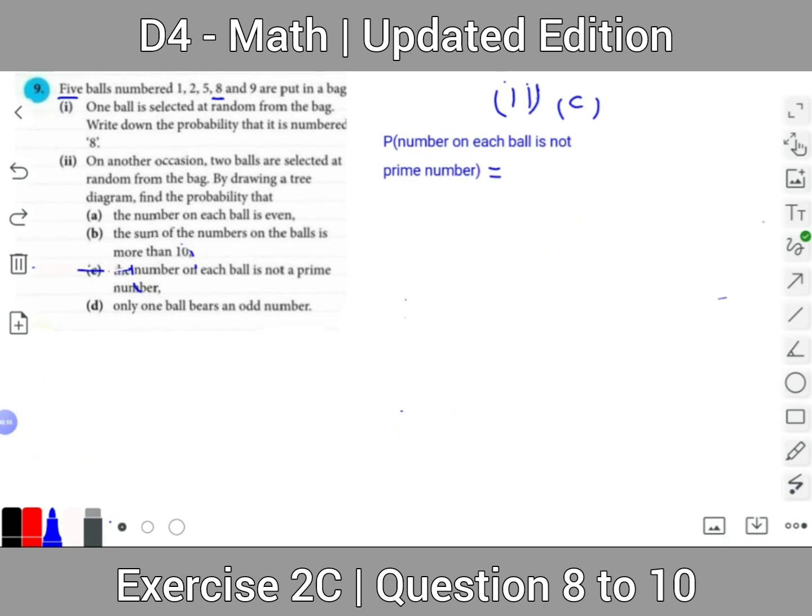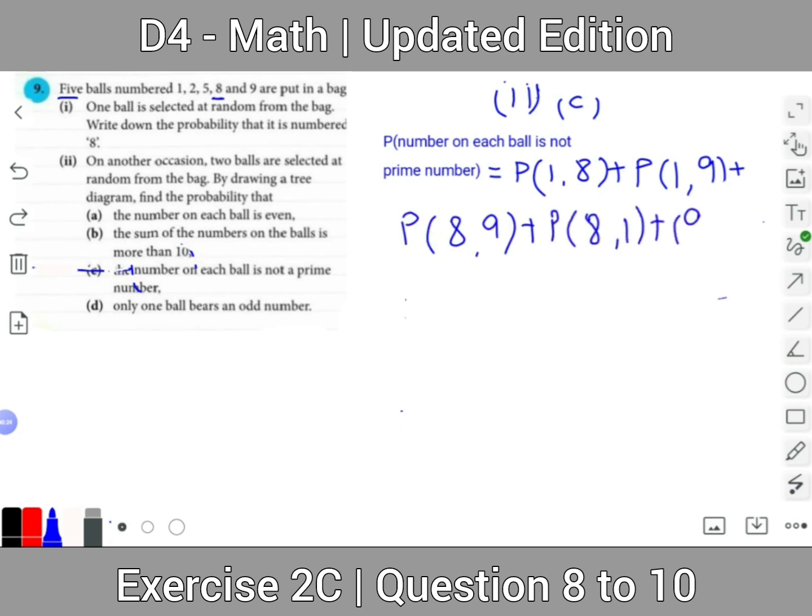So for this we have the probabilities of the ordered pair 1 and 8, both not prime numbers, plus 1 and 9, plus 8 and 9, plus 8 and 1, plus the probability of 9 and 1 plus probability of 9 and 8.